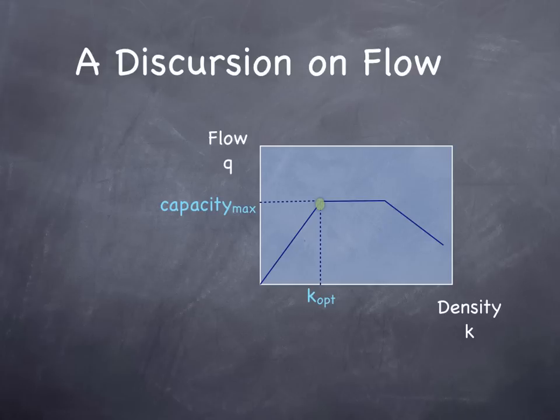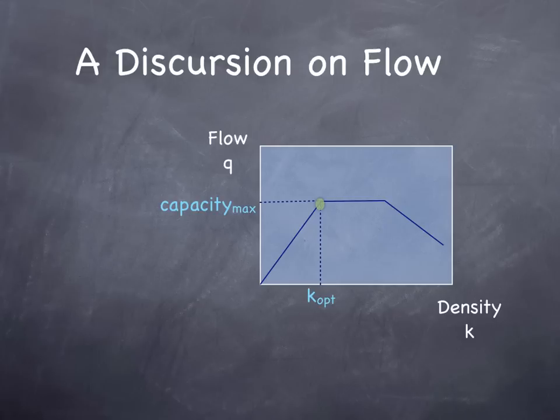We call flow Q, think of it as a quantity. We call density K, think of it as concentration as spelled by a German, because that's what it comes from. As we increase density, measured in, say, vehicles per kilometer, and flow is measured in vehicles per hour, the relationship between these two gives us speed.